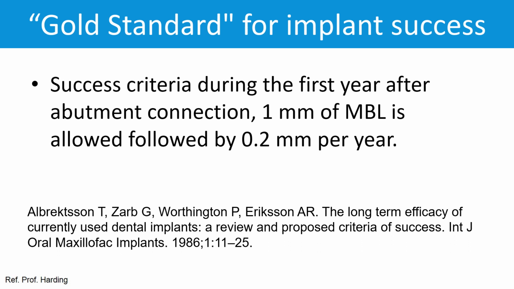So this is often referred to as the gold standard for implant success. Again, it's important to understand that this was published in regards to a particular system, and also it reflected a particular very strict surgical and restorative protocol.